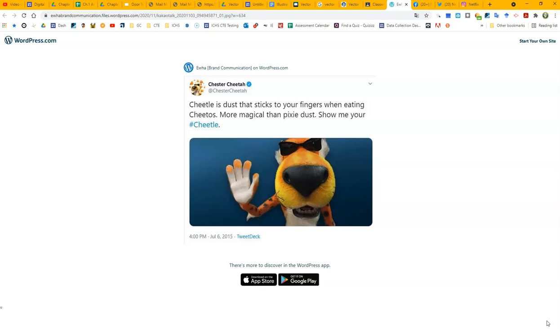this is also a very clever way of promoting their product very effectively, and also it's very cheap. Literally all they did was create a post with a picture of Chester Cheetah with some Cheetle on his fingers, and they prompted people to respond or retweet with the hashtag Cheetle and a picture of Cheetle on their hand.